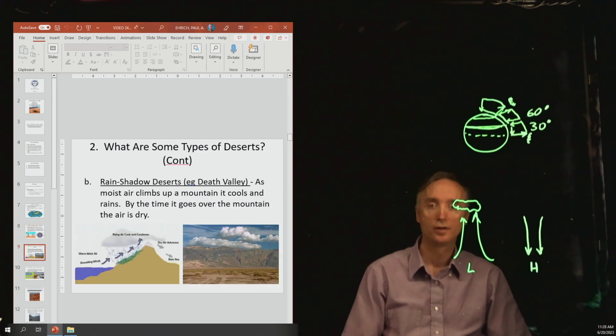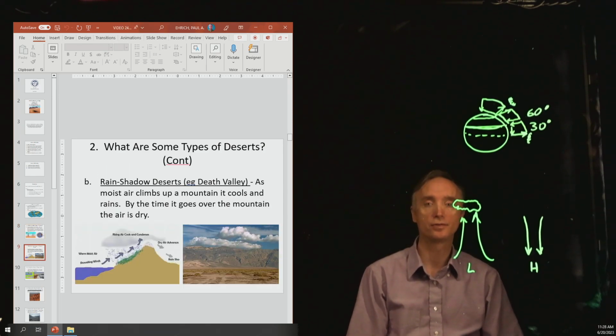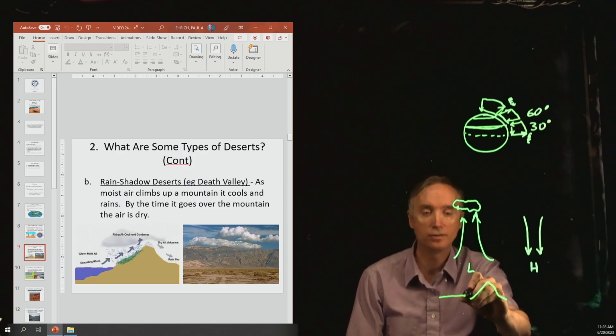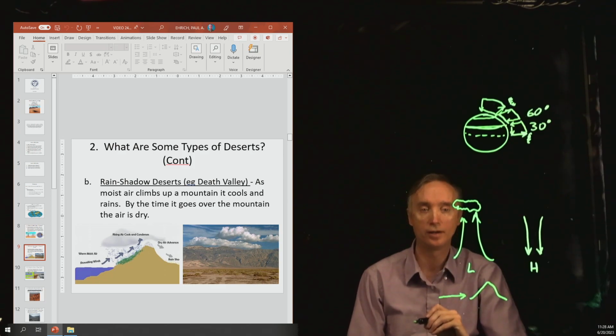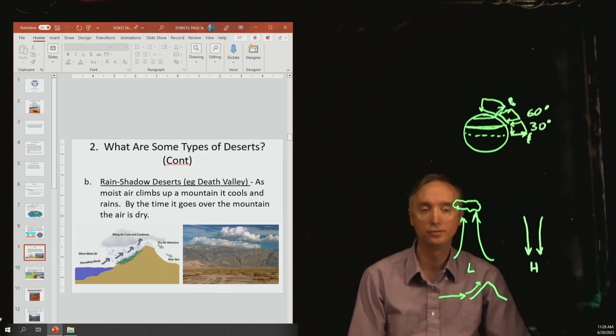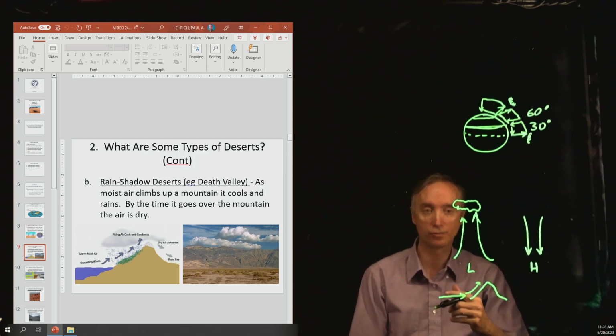Another type of desert is a rain shadow desert. An example of this is Death Valley. If you have a mountain, and let's say you've got moist air traveling this way, as that moist air climbs, it's going to start to get cooler, condense into clouds, and start to rain.